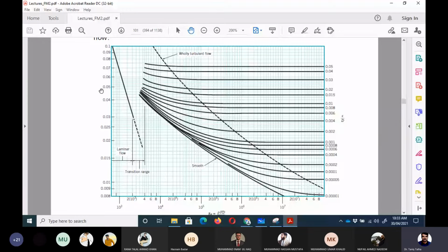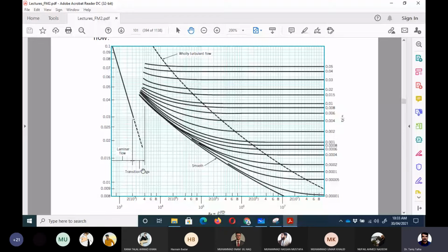The y-axis, if we see, is a normal scale, but the x-axis is a log scale. 0.04 and 0.03 look like a log scale as well, or no? No, it is a normal scale.